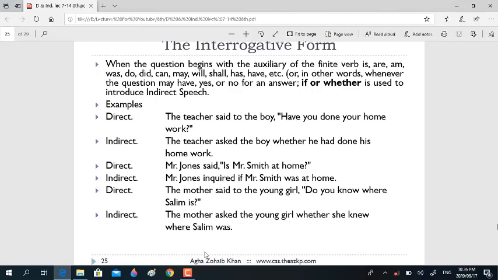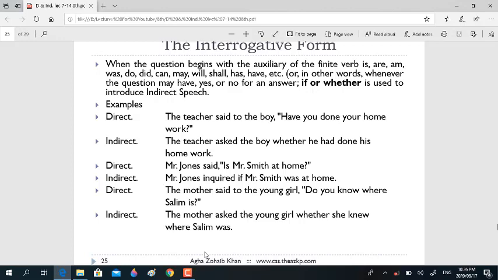And the last sentence: she said to me, am I to finish my work in time?